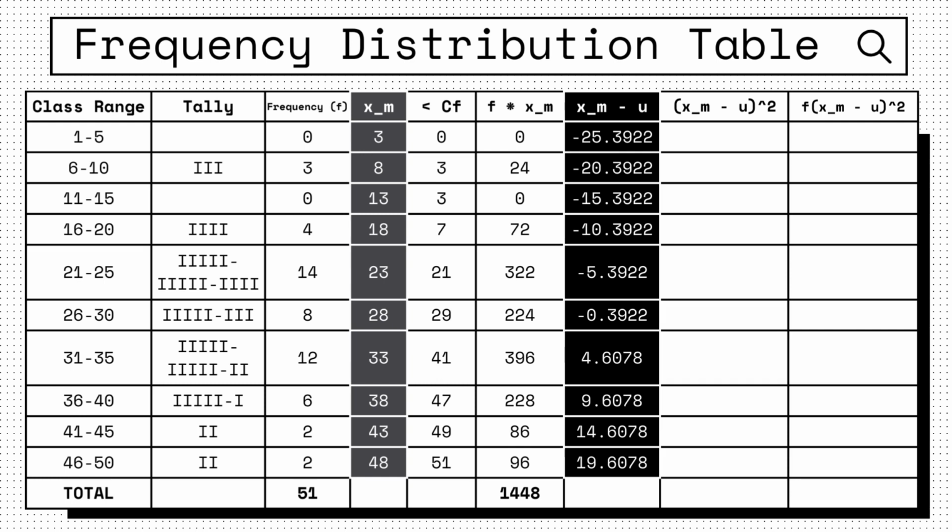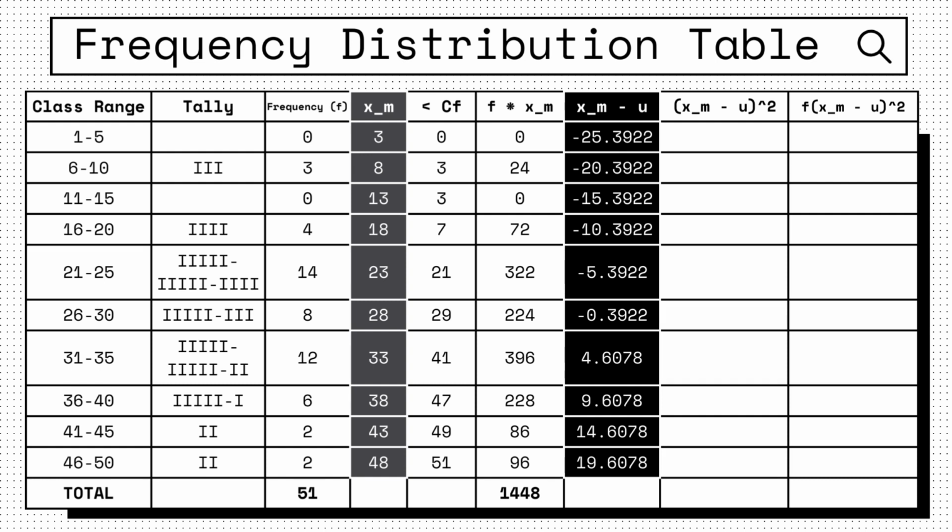For 21 to 25, we have 23 minus the mean, which is equal to negative 5.3922. For the class range 26 to 30, we have 28 minus the mean, which is equal to negative 0.3922.